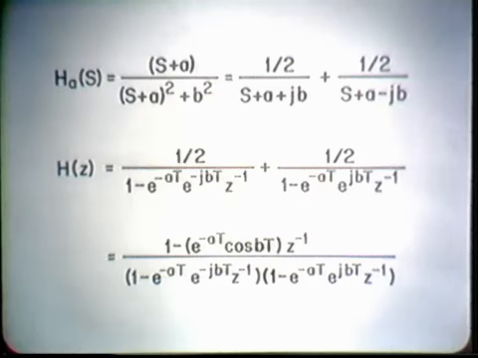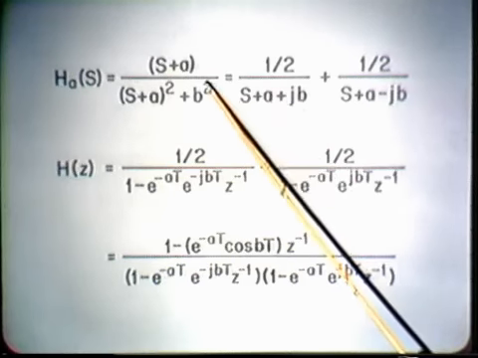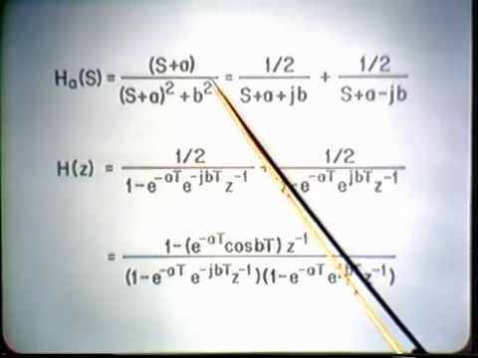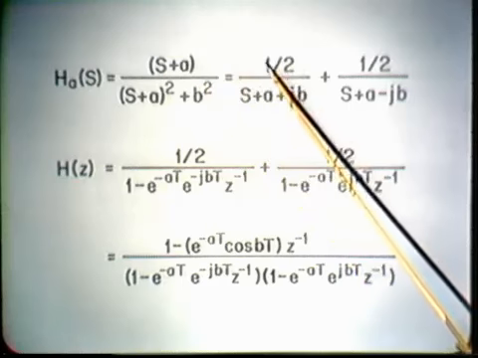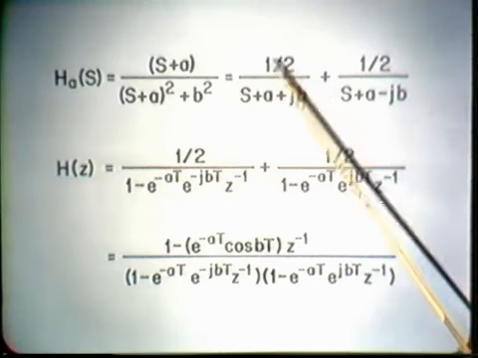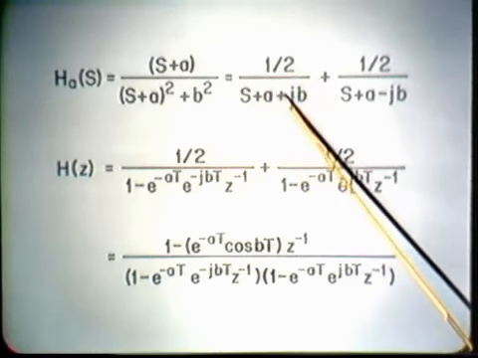For the impulse invariant design procedure, we want to expand this into a partial fraction expansion, and in that form, this system function becomes a half, the residue, divided by s plus a plus jb. The pole is then at minus a minus jb, plus a residue of a half over s plus a minus jb. In other words, a pole at minus a plus jb.